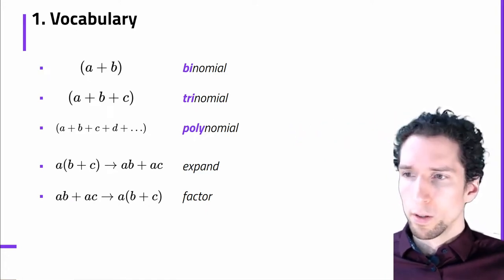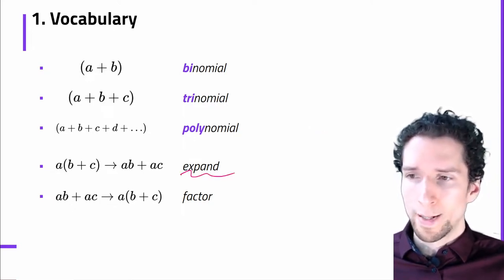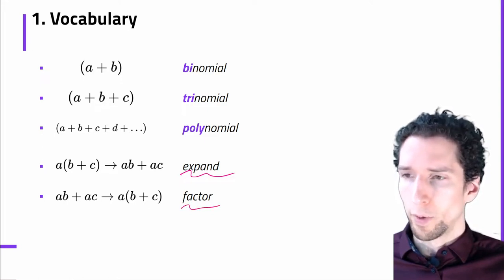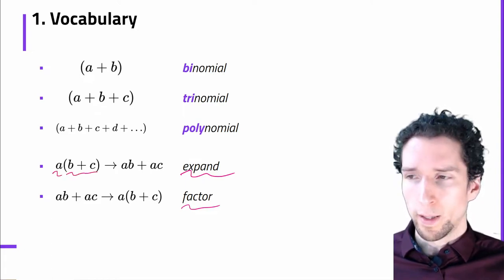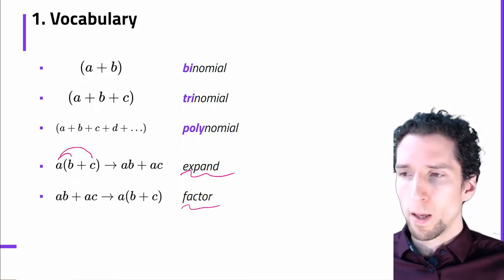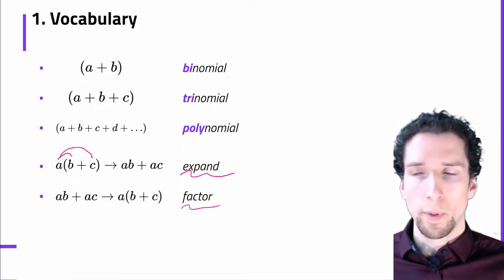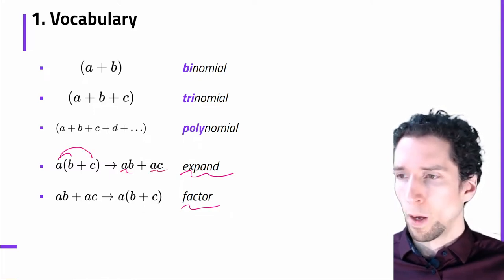The other two here are expanding and factoring. So expanding is if we have, say, a times (b plus c), like this. And then we expand. We multiply the a by both of the things inside the brackets there, and that turns into ab plus ac.